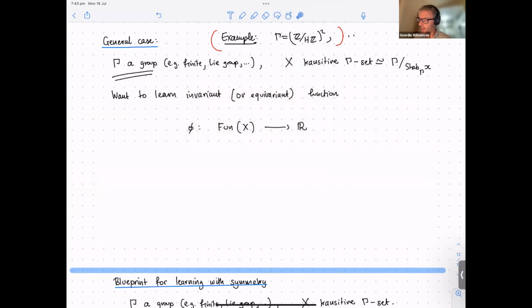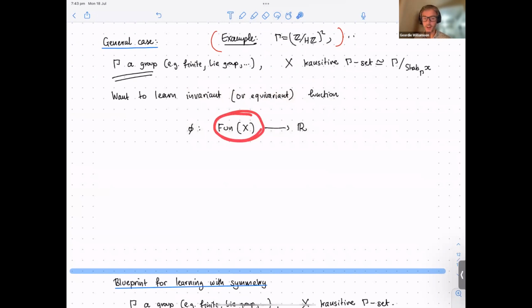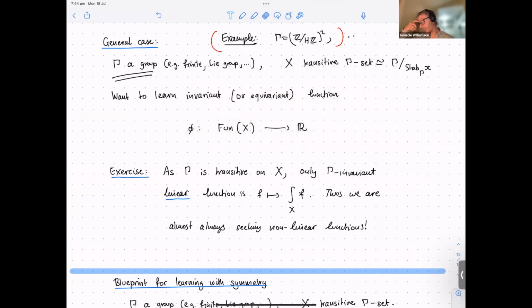What we want to do is learn some invariant or equivariant function from functions on X to R. One of the things that's very nice is that if our action is transitive, then the only linear gamma invariant function is given by the integral of our function or the sum of our function, the sum of the values over x in X, if X is finite.